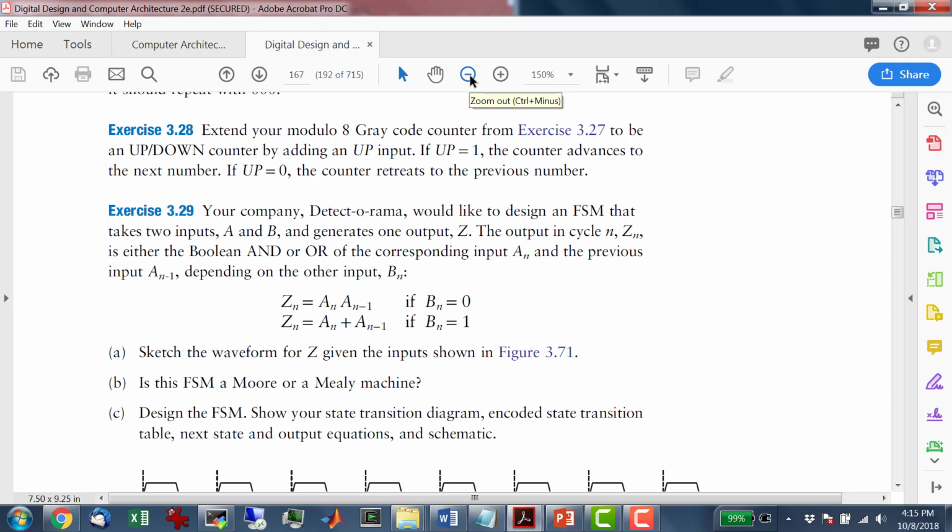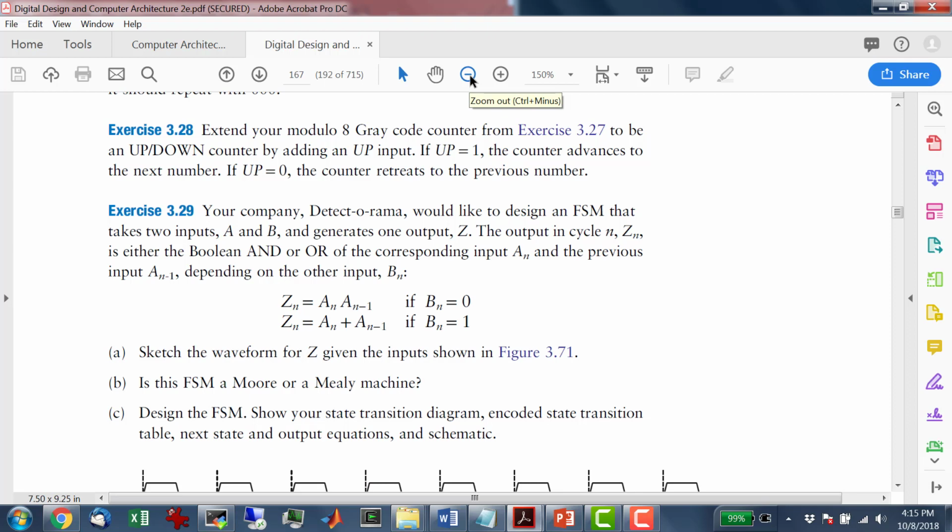And then I've got to figure out what z is. If B is 0, I don't even have to look at the state machine. I'm just looking at the AND of these.